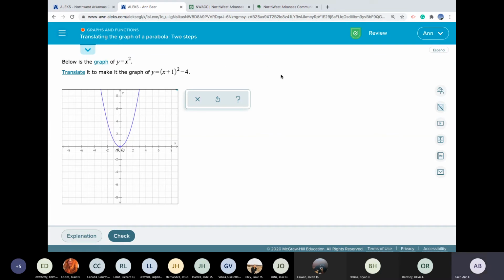So you want to remember PEMDAS: Please Excuse My Dear Aunt Sally. Use that all the way through college algebra to determine your order of operations.